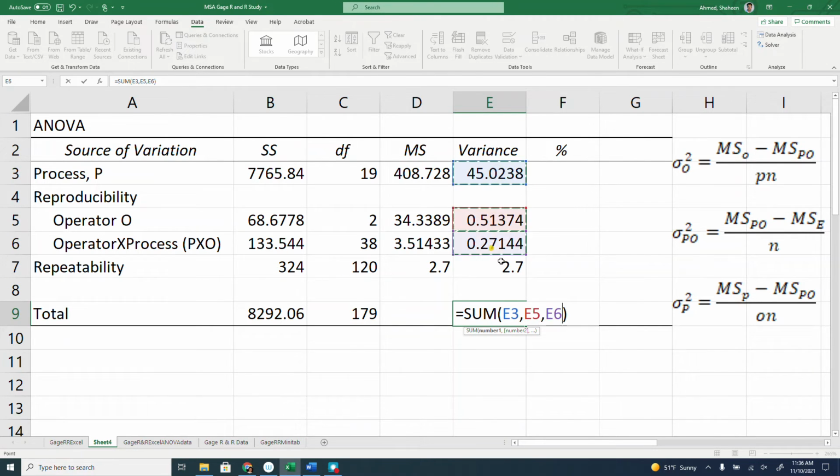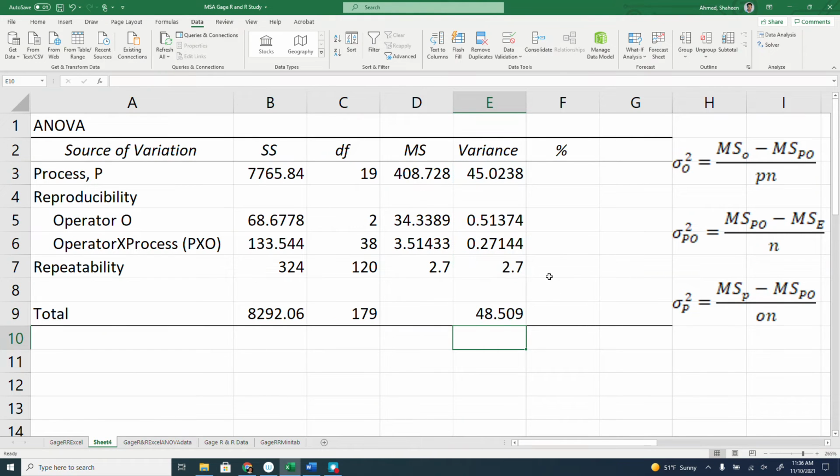This, and this. So the percent variation due to the process is this divided by the total, which is this, and then I'll freeze that because I'm going to use it for all the rows, times 100.